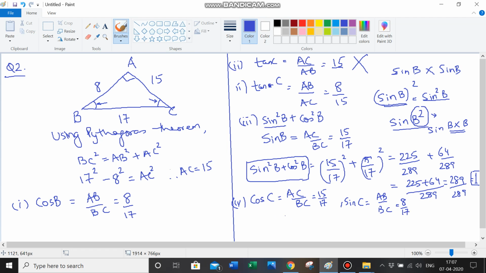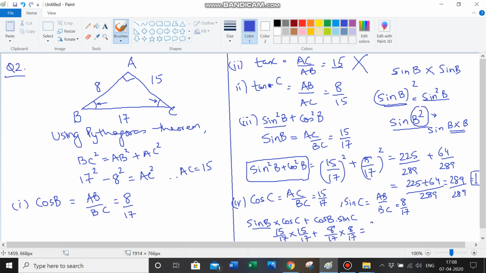So the question says sine B cos C plus cos B sine C. Sine B multiplied with cos C plus cos B multiplied with sine C. So sine B, we've done the calculation, was equal to 15 upon 17, into cos C. Cos C is 15 upon 17, plus cos B, which we've done, 8 upon 17, and sine C is equal to 8 upon 17.